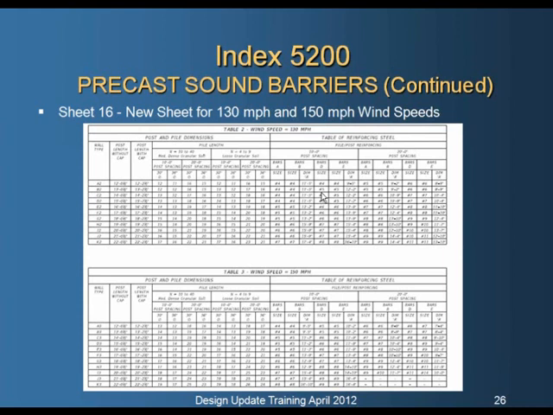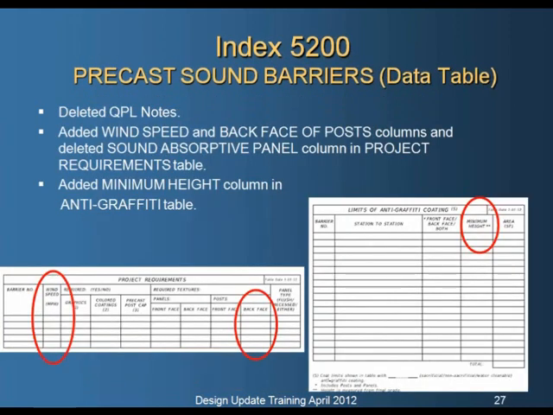There was a new sheet added, as mentioned earlier, for the additional wind zone categories. So use those as necessary. The data table that goes with that index also had to be updated to accommodate the new wind speeds. So now the designer is required to complete the wind speed in the table.